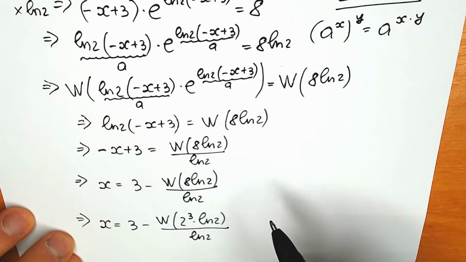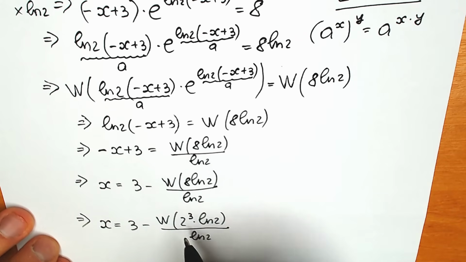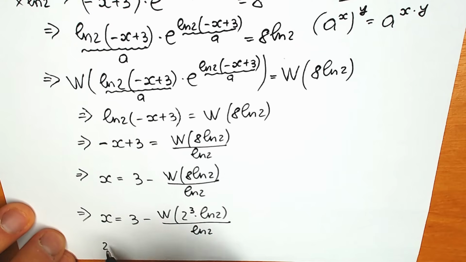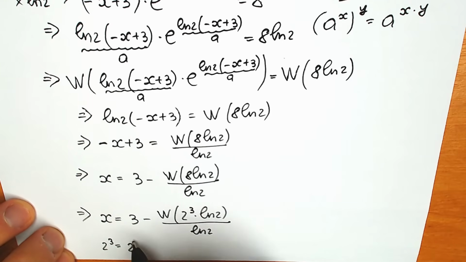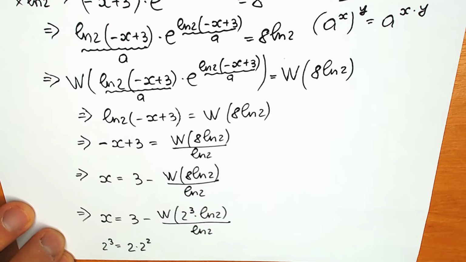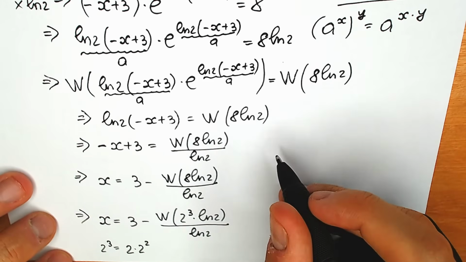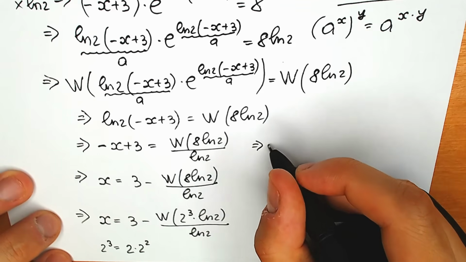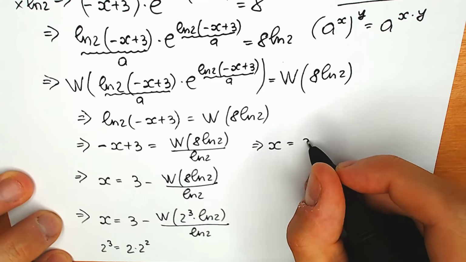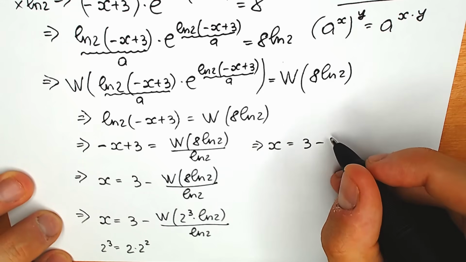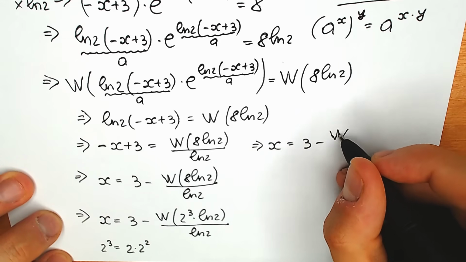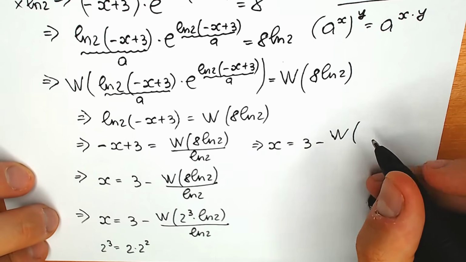Right now I just want to split it. So 2 cube, I want to write it as 2 times 2 square. So I hope you understand it. So we have x equal to 3 minus Lambert W function of, instead of 2 cube, 2 times 2 square.